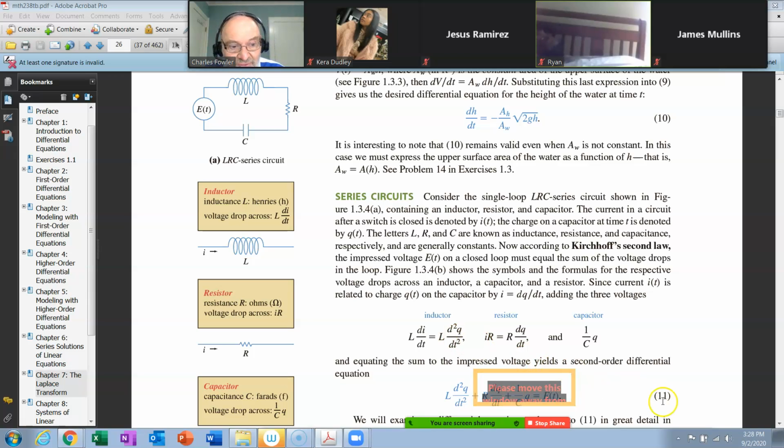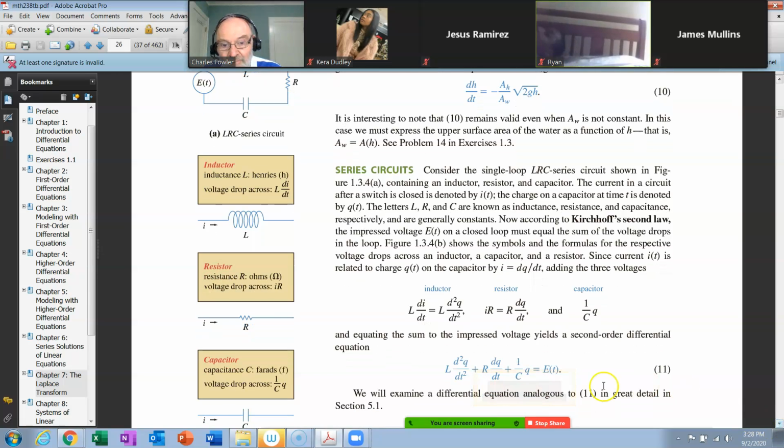All right, so now we can express your equation that you see going around the loop here, because this is how it's affecting voltage. Okay, so the inductor is L di/dt, which is L d²q/dt², plus R times dq/dt, plus 1/C times q, is equal to E of t.